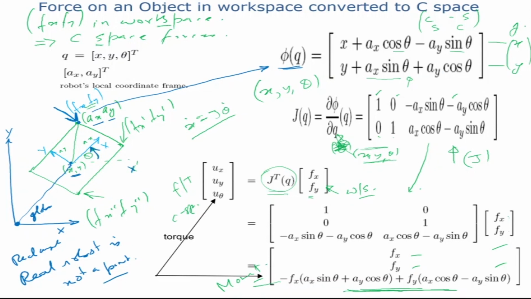Okay, so we are seeing that the force which is acting at that point, ax and ay, can be converted to the global frame in terms of moment by using this Jacobian.